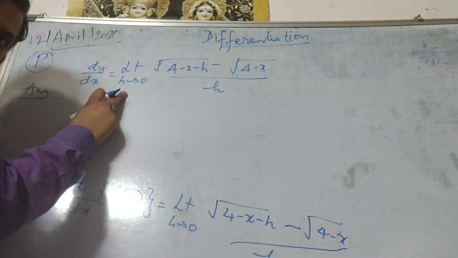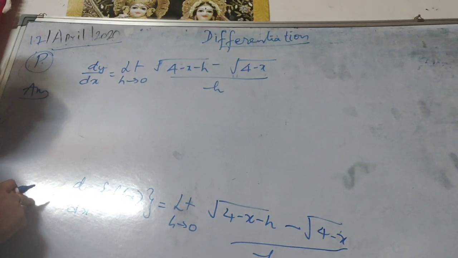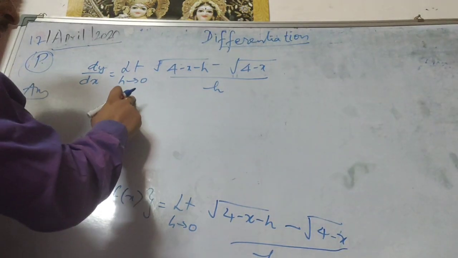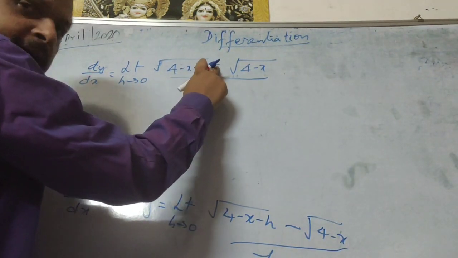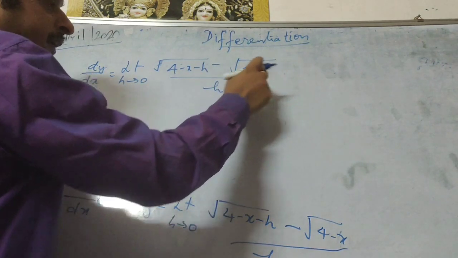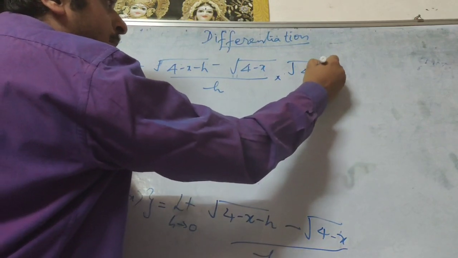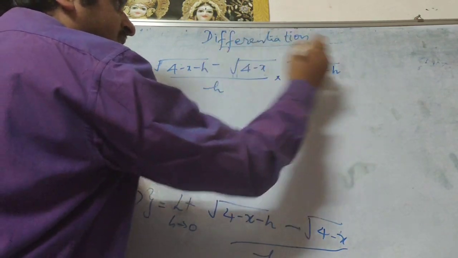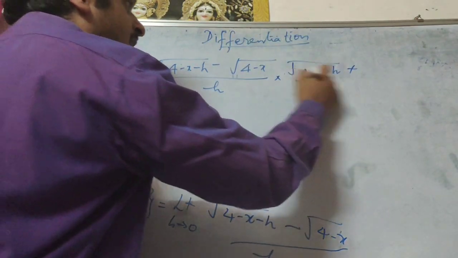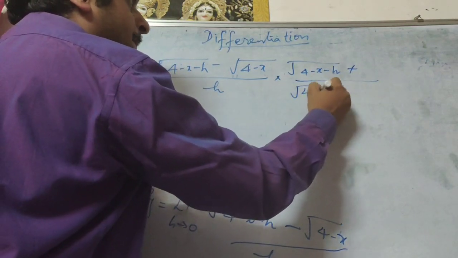How will we do the simplification? Here there is a minus, so we will be multiplying by its conjugate. So we will have root of 4 minus x minus h, where a minus is there put plus, if plus is there put minus, and divide by the same quantity.